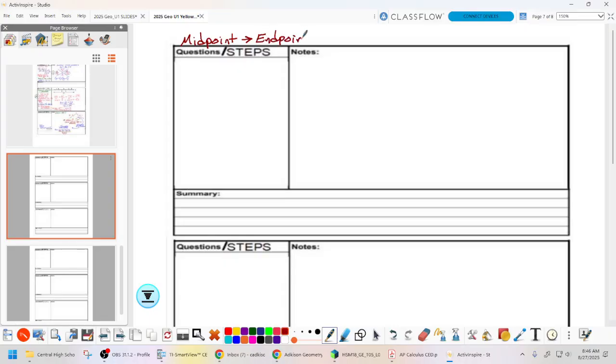So we'll call this midpoint to endpoint. It's the same concept, just with a twist on what we're solving for.